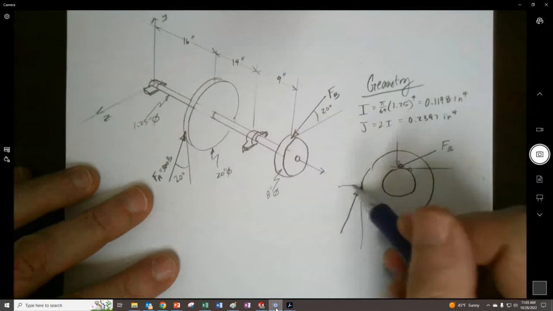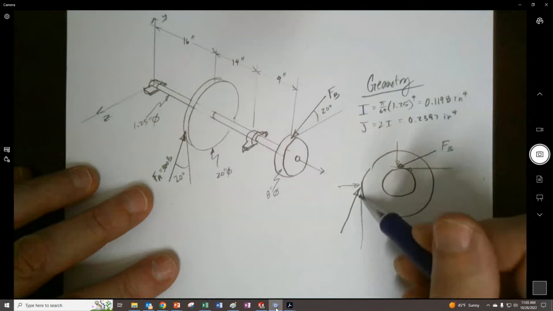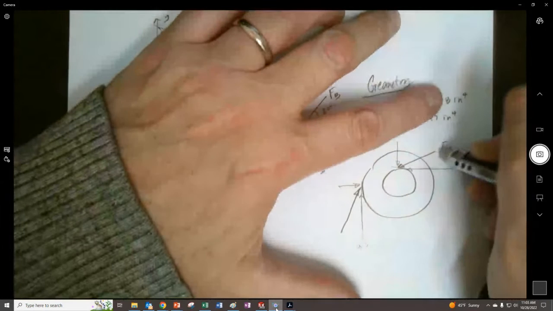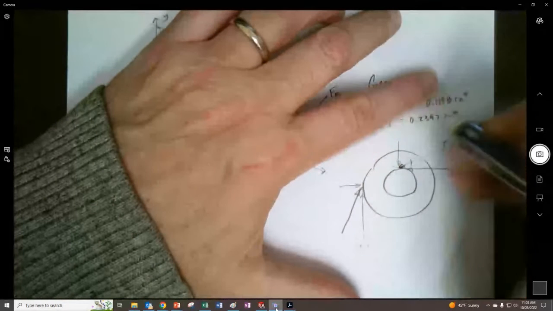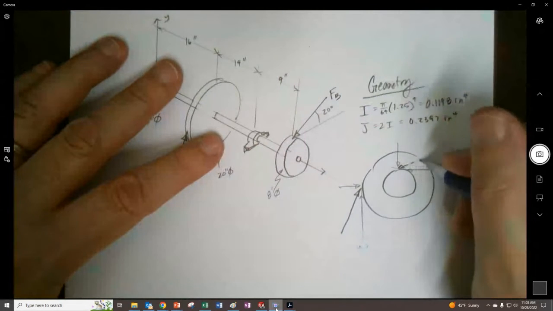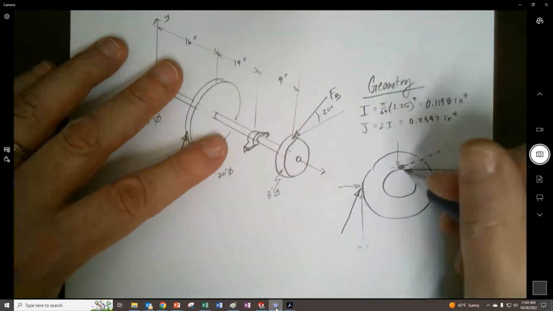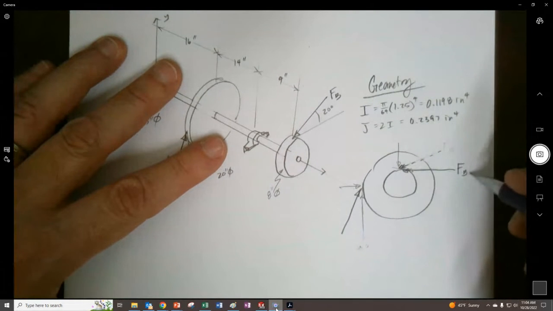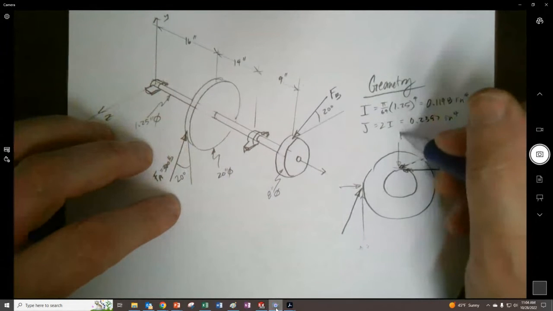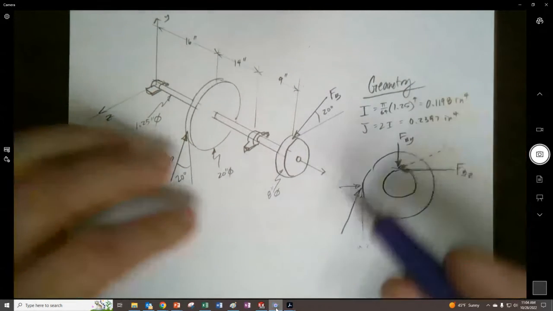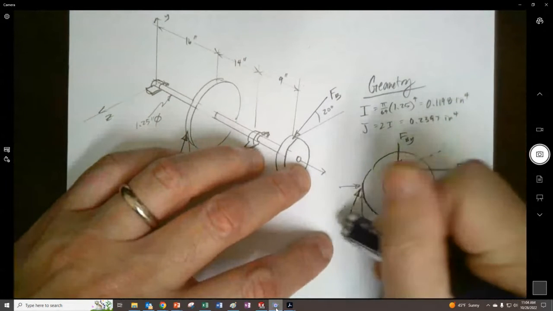Probably a good idea to go ahead and break these down into components already, right in there. I'd probably be best not to draw that in as a full force because I don't want to make it look like both forces are on here. I'd rather have an FBZ and have an FBY. And then the same thing is true with this.